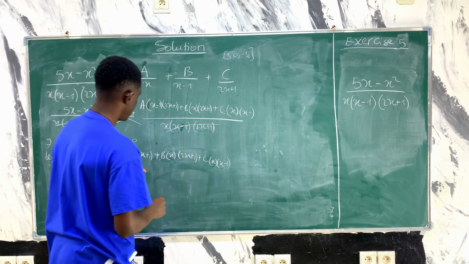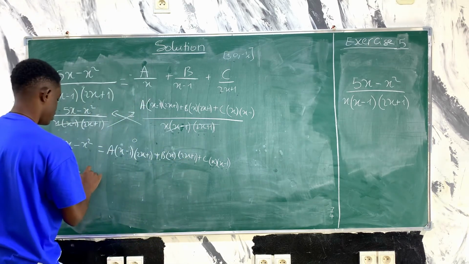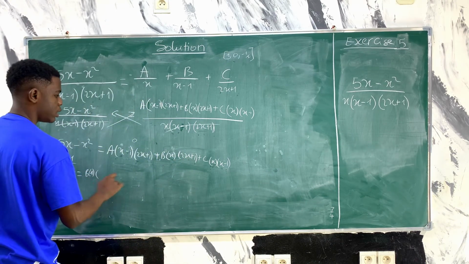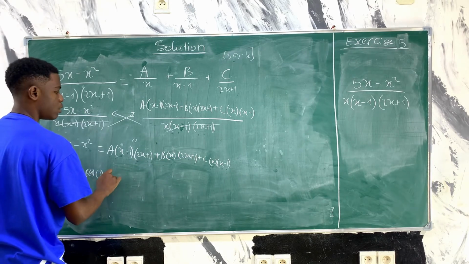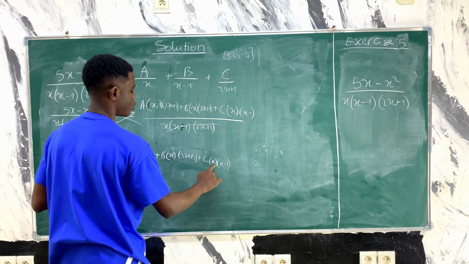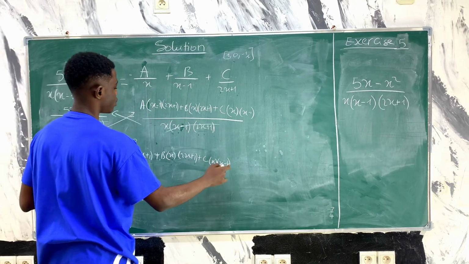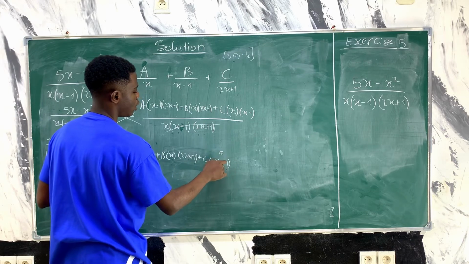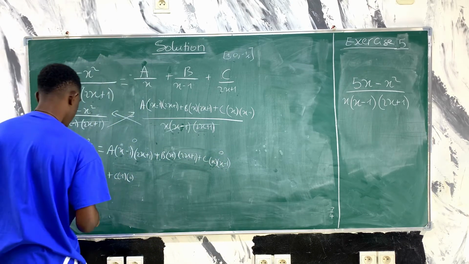I switch to here. When I put my x as 1, this is b into 1. 2x plus 1 is 2 plus 1, 3. Plus c into x, which is 1 into 1 minus 1, is 0. So all of this will go to 0.